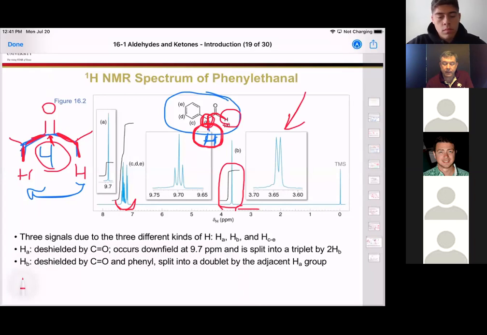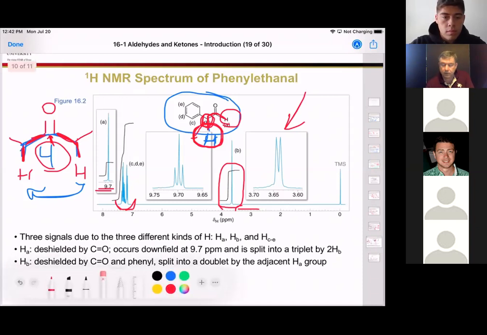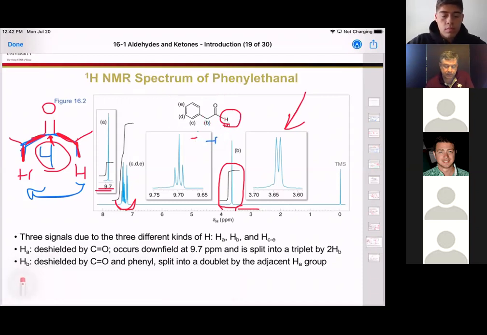And the aldehyde hydrogen, which is way above benzene right here, is split twice by the 2 hydrogens on the adjacent carbon. Right here, there's 2 hydrogens here.